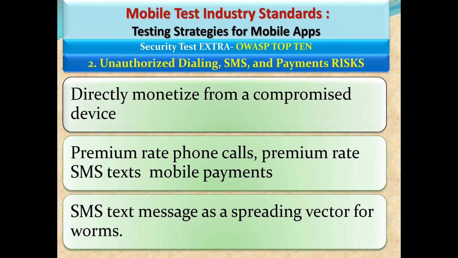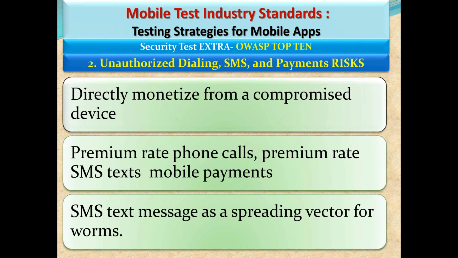Then we have unauthorized dialing, SMS, and payments. So basically, the attacker directly monetizes a compromised device. Premium rate phone calls may not be as current because we're pretty much on unlimited data. We do not have premium phone calls, but we have roaming charges.